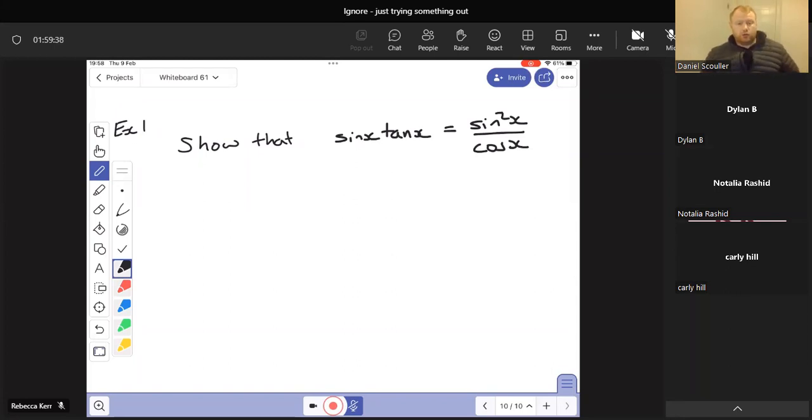So show that the left-hand side of that expression equals the right-hand side. Show or prove that sin x tan x can be rewritten in a different way, by using the relationships that we just showed, and you can get to sine squared x over cos x. So that is my start, and that is what I'm trying to get to.